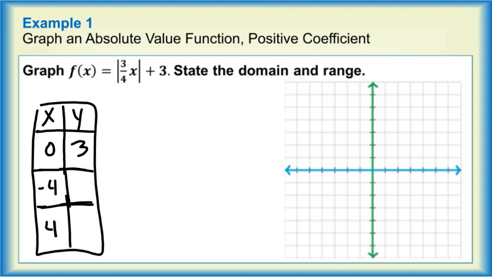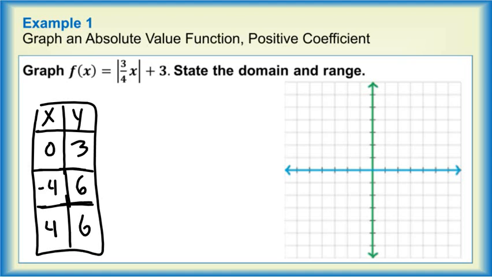The reason why I'm choosing -4 and +4 is so I can get rid of the denominator, so all I have left is integers. A -4 times 3/4 would give us -3. The absolute value of -3 is 3. 3 plus 3 would give us 6. And then if I put a 4 in there, 3/4 times 4 would give us 3. Absolute value of 3 is 3. 3 plus 3 is 6.